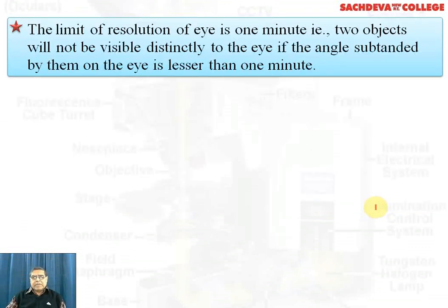And the next one is the limit of resolution of the eye, which is 1 minute, that is 60 seconds. That is, two objects will not be visible distinctly to the eye if the angle subtended by them on the eye is lesser than 1 minute. Lesser than 1 minute means we are referring to an angle of 60 seconds.